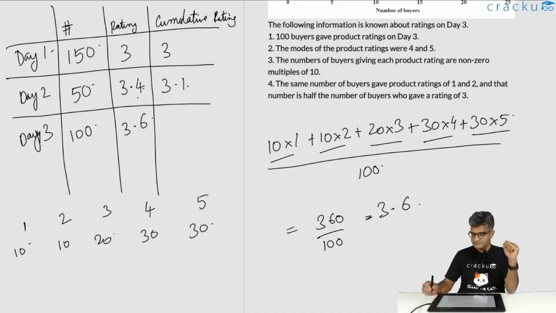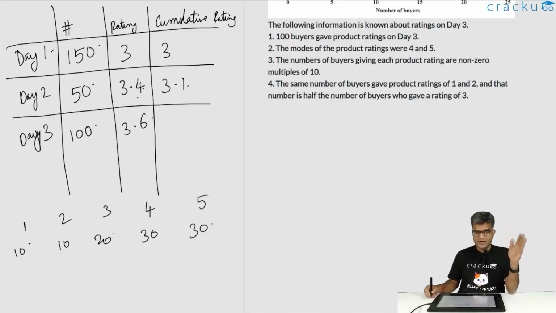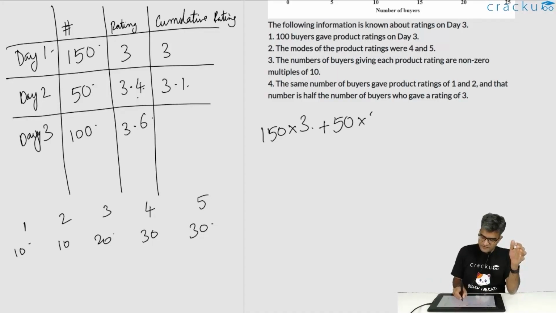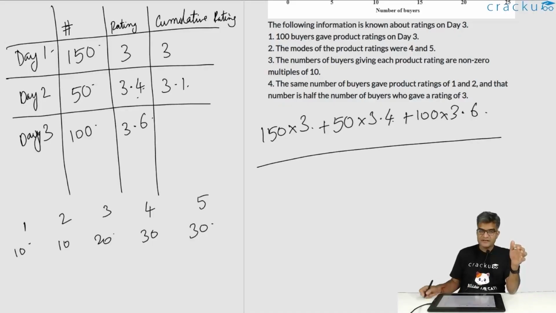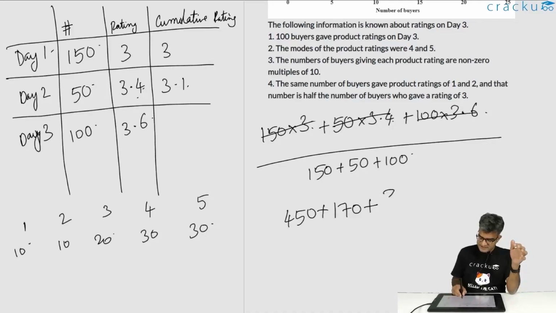What is the cumulative rating? The cumulative rating is the average of all the ratings given till day 3. That is 150 into 3, which is the rating given on the first day, plus 50 into 3.4, which is the rating given for day 2, plus 100 into 3.6, which is the rating given for day 3, divided by 150 plus 50 plus 100. 150 into 3 is 450, plus 50 into 3.4 is 170, plus this is 360, divided by 300.